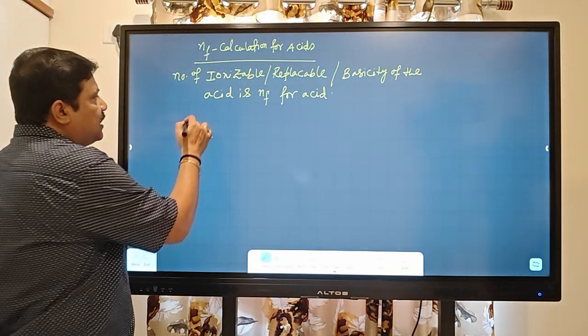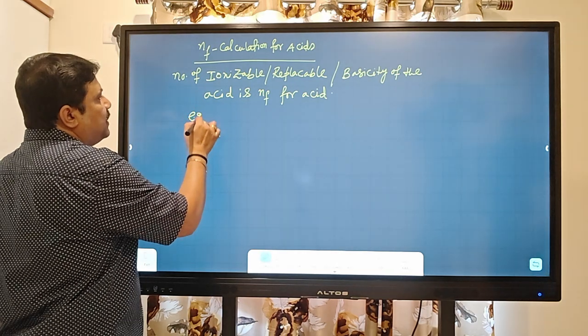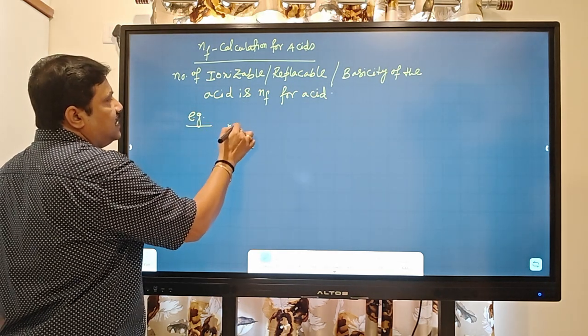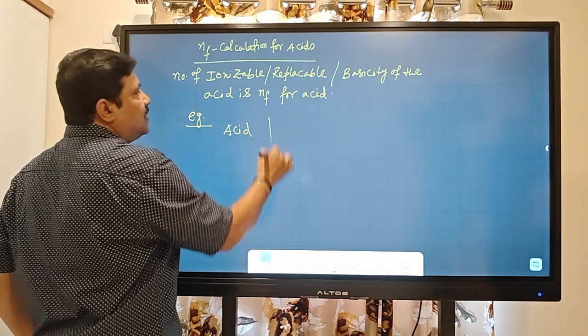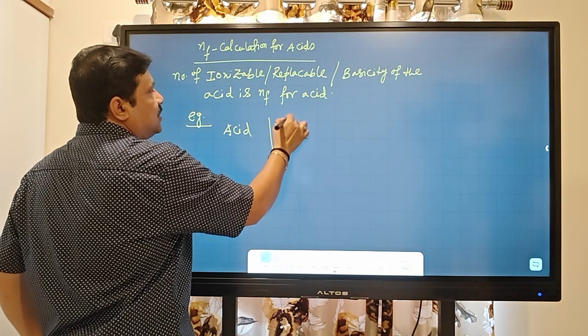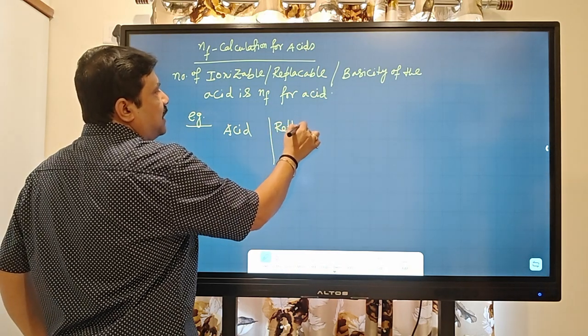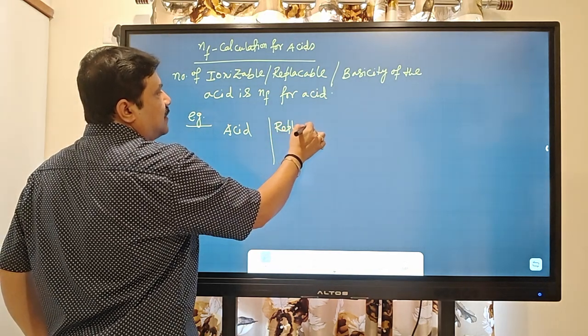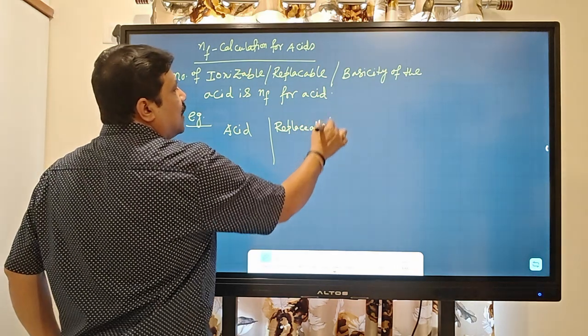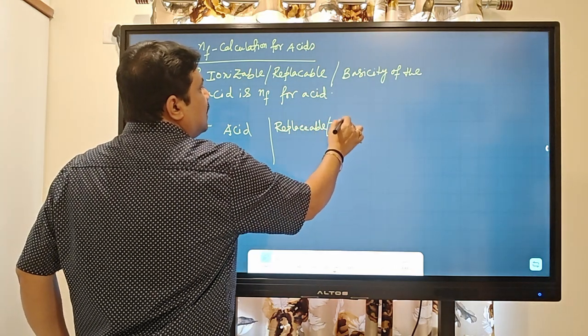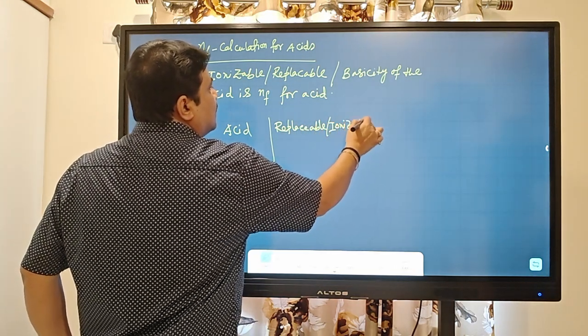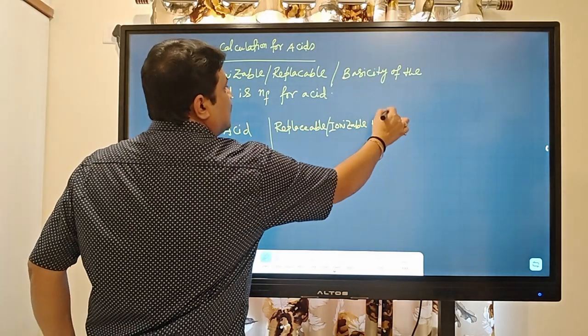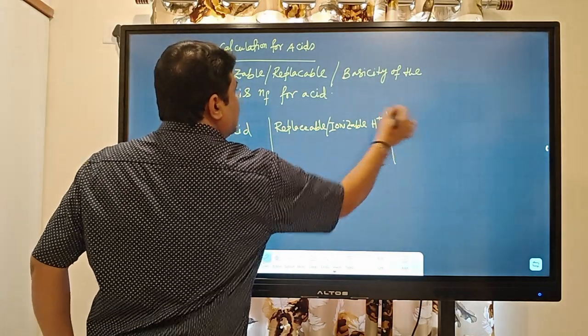Now let me give some examples. Here I am giving the acid, here the replaceable or ionizable H plus, and here the n factor.